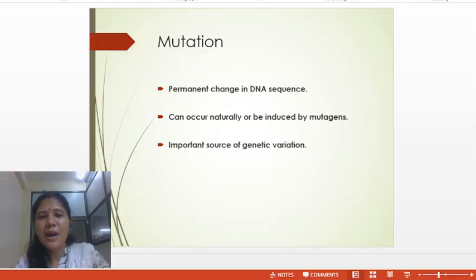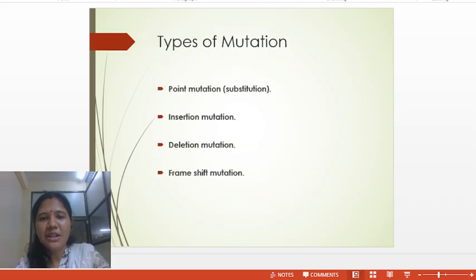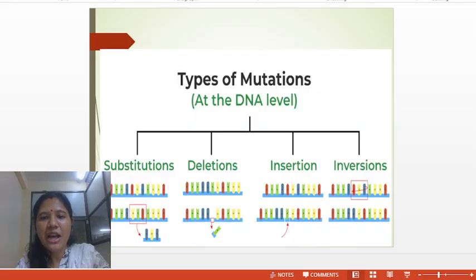Mutation is a permanent change in the DNA sequence that can occur naturally or be induced by mutagens, an important source of genetic variation. There are different types of mutations: point mutation, insertion mutation, deletion mutation, frameshift mutation. Different types of mutation are mentioned in this figure: substitutions, deletions, insertions, inversions. In substitution, we substitute one or more sequences with other new sequences.